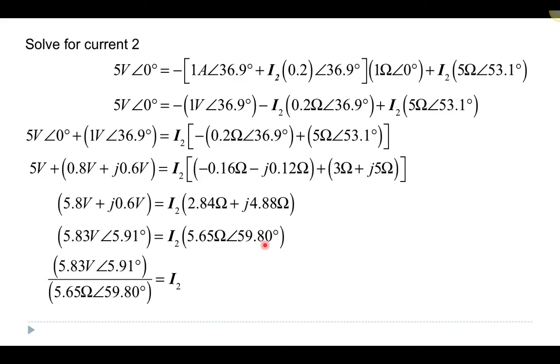Once I divide, 5.83 divided by 5.65 volts over ohms gives me 1.03 amps, and then 5.9 minus 59.8 gives me a negative 53.9 degrees. So I now know what my current is in the second loop. That current is 1 amp with a phase angle of minus 53.9.